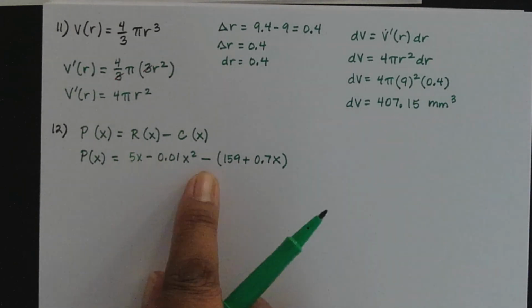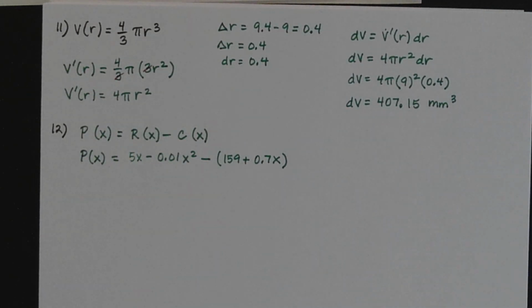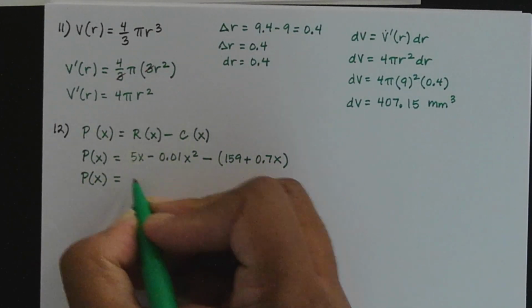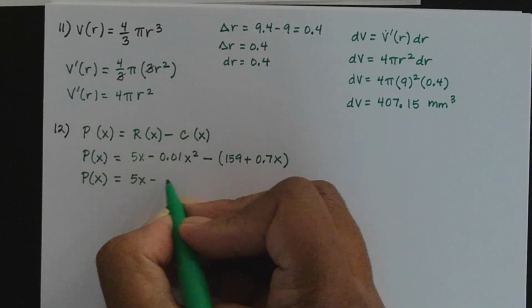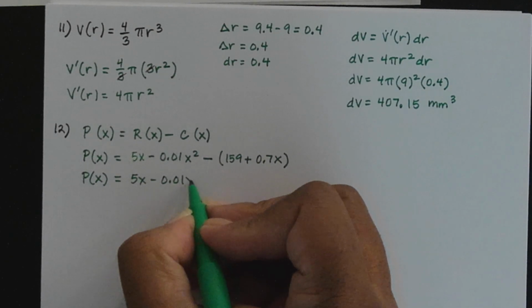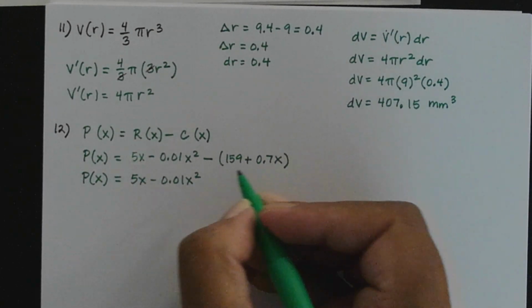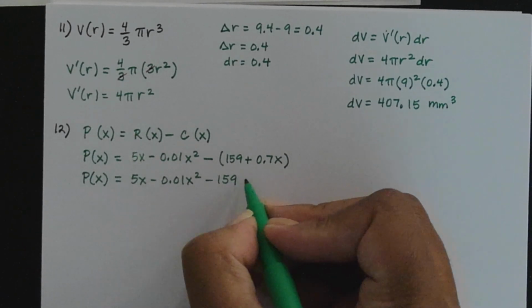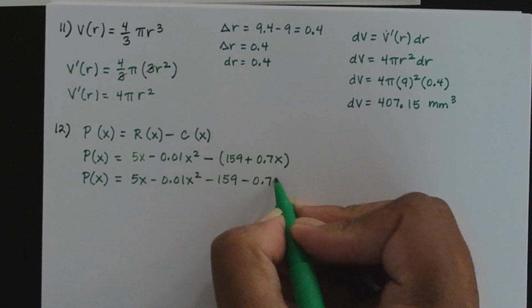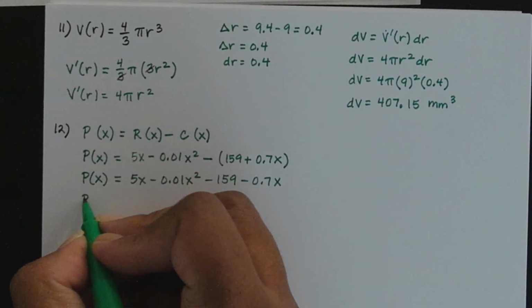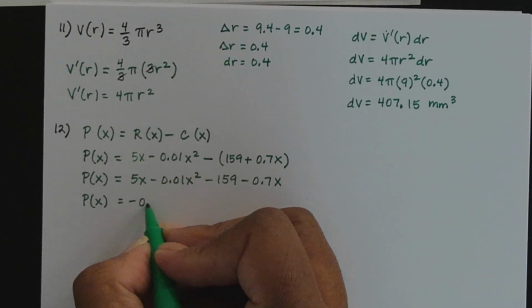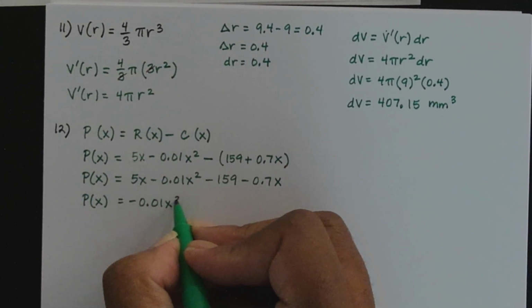That's the revenue minus the entire cost function. Let me bring this down and distribute the negative over the 159 plus 0.7x. So it'll be minus 159 minus 0.7x. And I'm going to put that negative 0.01x squared in front.